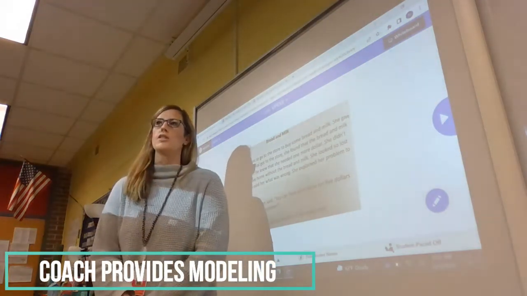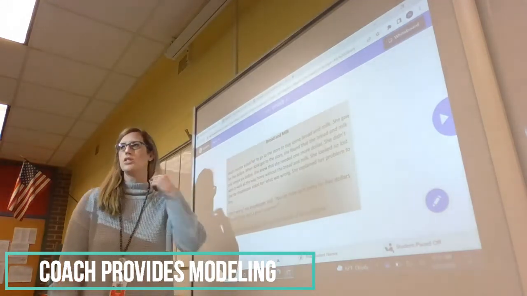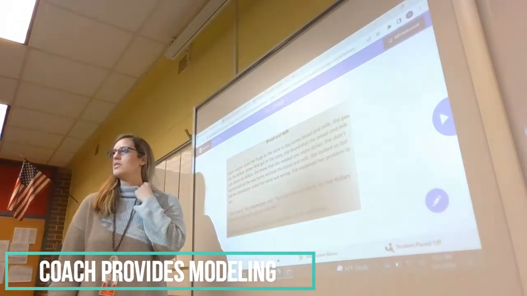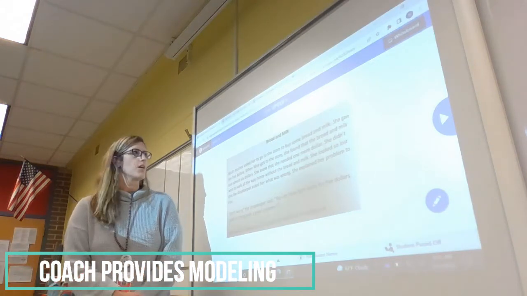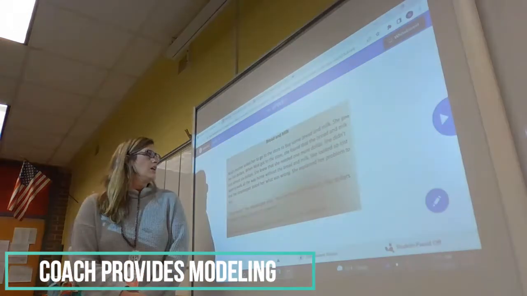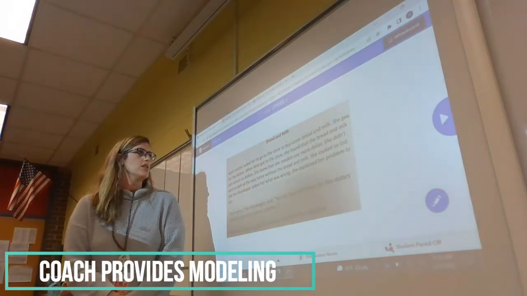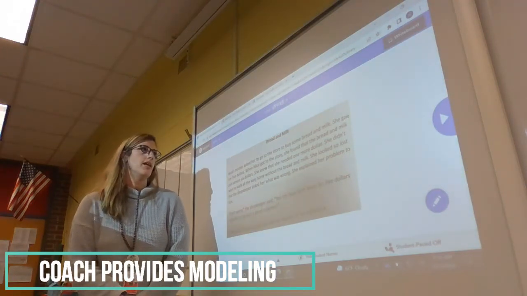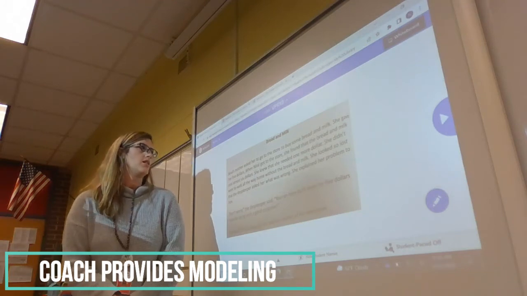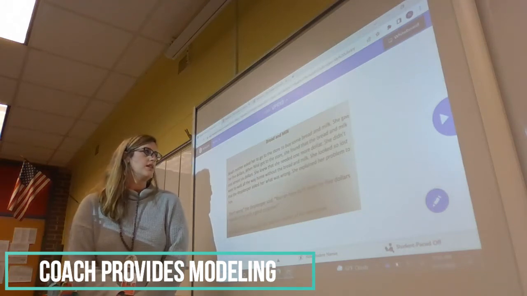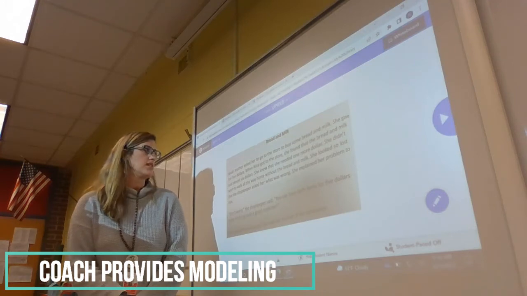So what I want to do first is read the passages to you so that you're not struggling to read these. Bread and milk. Neeral's mother asked her to go to the store to buy some bread and milk. She gave her $5. When Neeral got to the store, she found that the bread and milk cost almost $6.